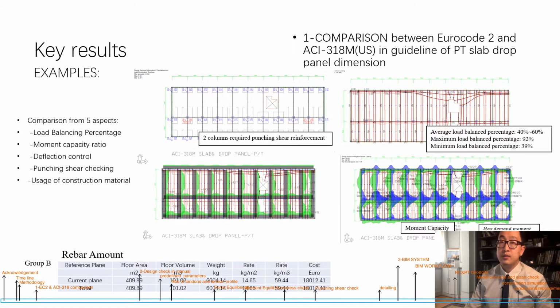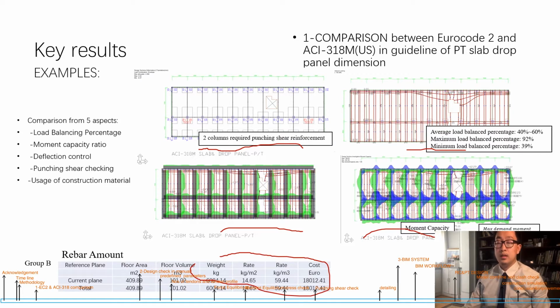After the structure modeling process was completed under the same load combination, I got the results showing as the following: the punching shear checking, the load balancing percentage, pre-compression checking, and moment capacity checking. All these results I get from the software.